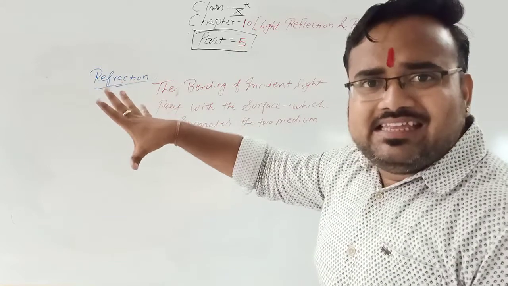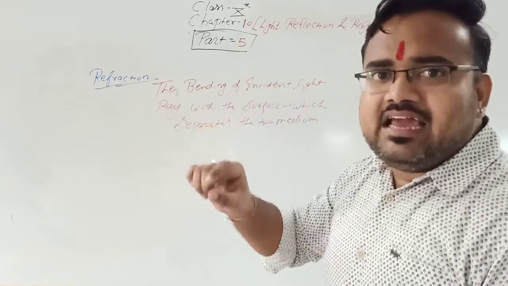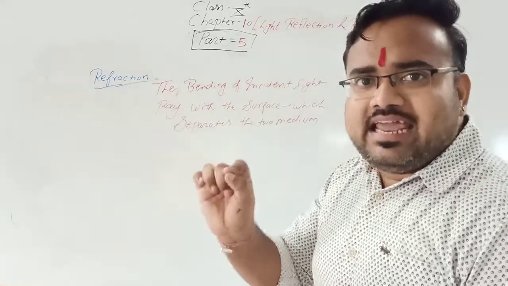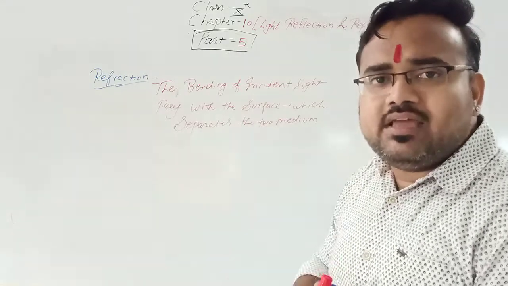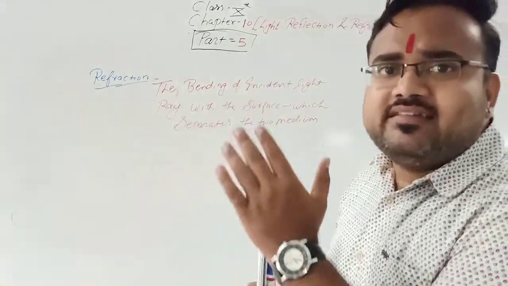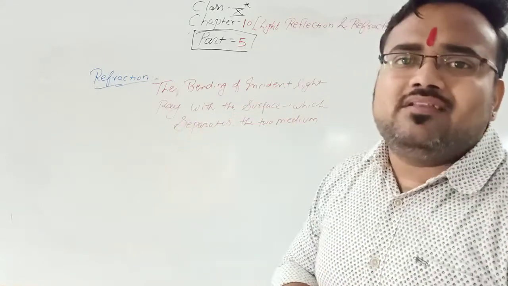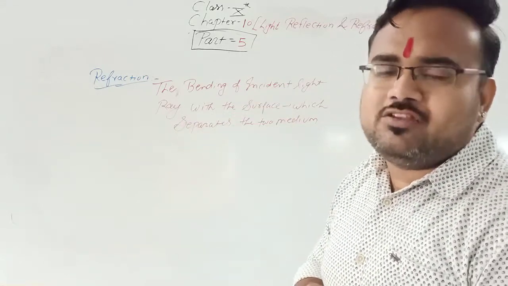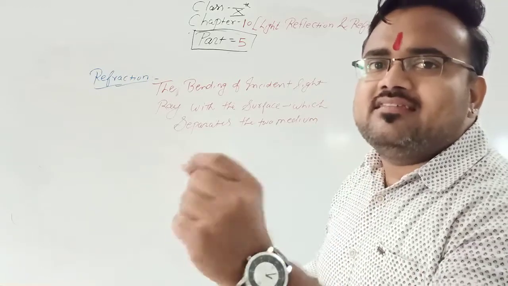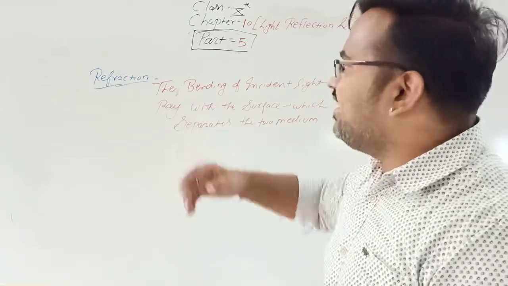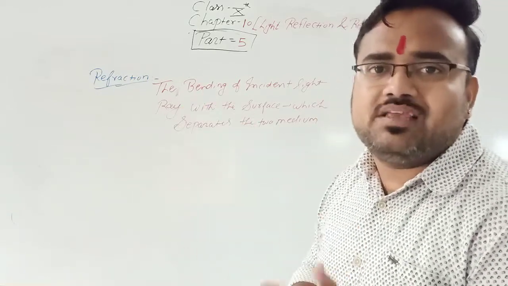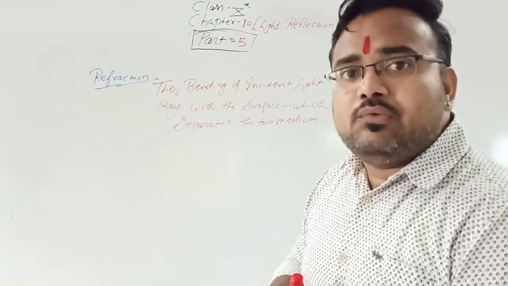So reflection is when the incident light ray, after striking the smooth surface, is bounced back to its path by deviating some angle. But in case of refraction, it is not bouncing back.